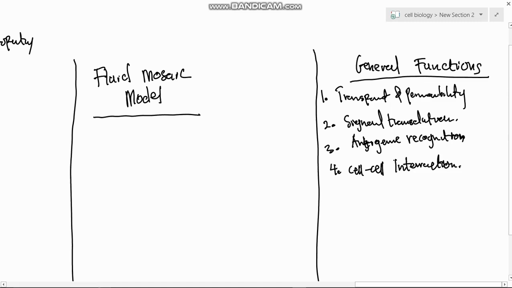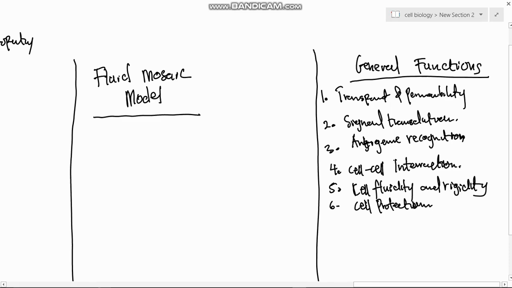Then we can talk about cell rigidity and fluidity. Then we can talk about cell protection.